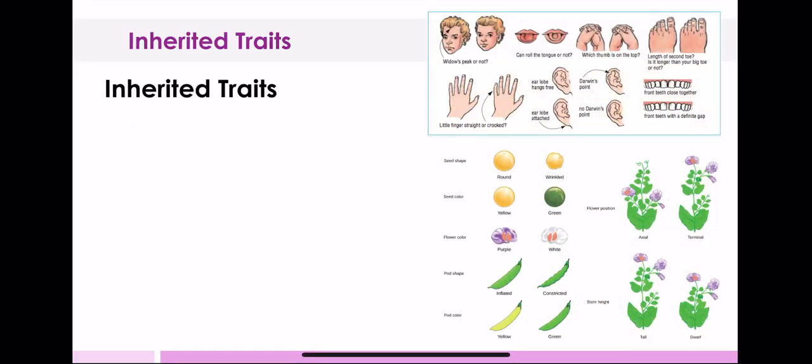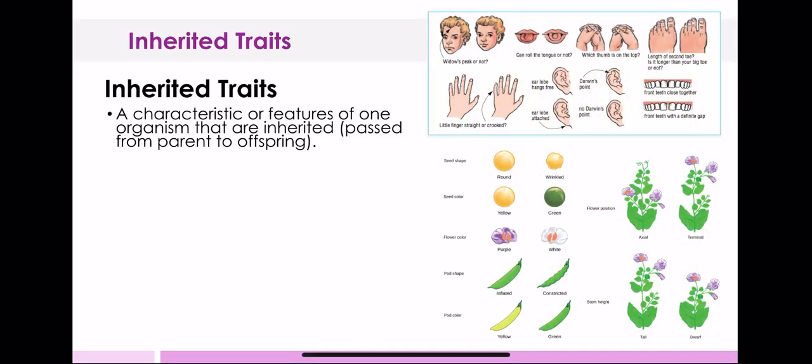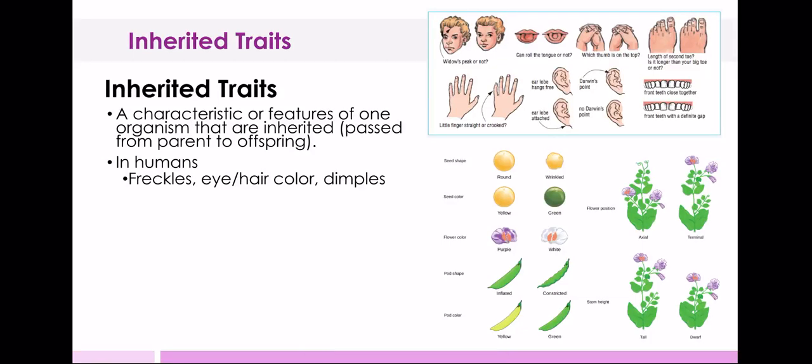All right, inherited traits. An inherited trait is a characteristic or feature of one organism that is inherited, which means it's passed from parent to offspring. In humans, this can include some examples: freckles, your eye color, hair color, whether or not you have dimples.